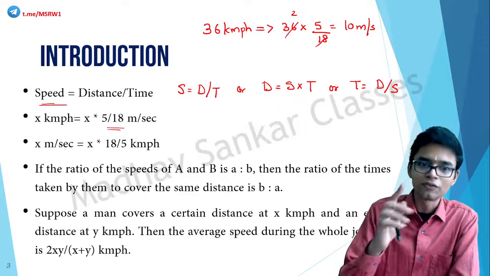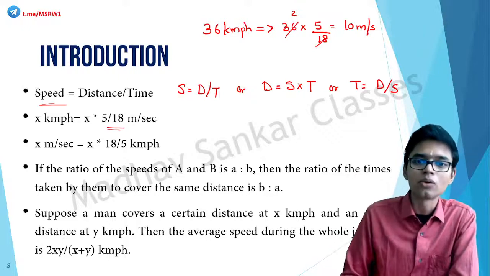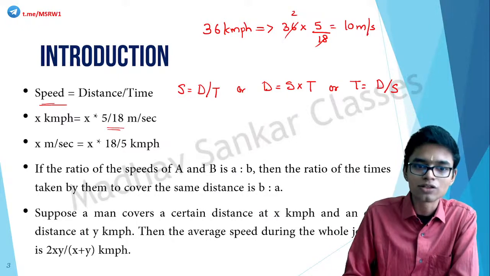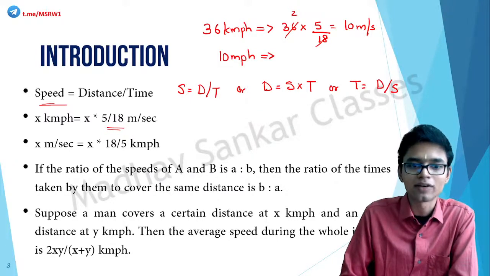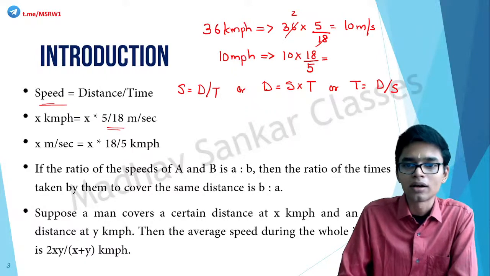Similarly, to convert the other way, say 10 meter per second to kilometer per hour, multiply by 18/5. So 10 into 18/5 is equal to 36 kilometers per hour.